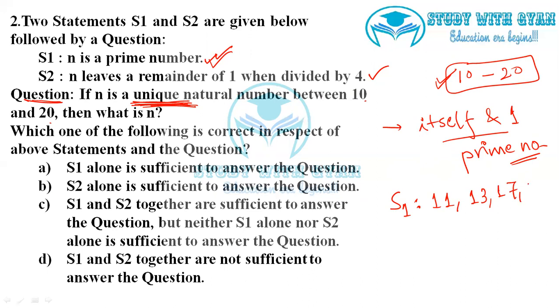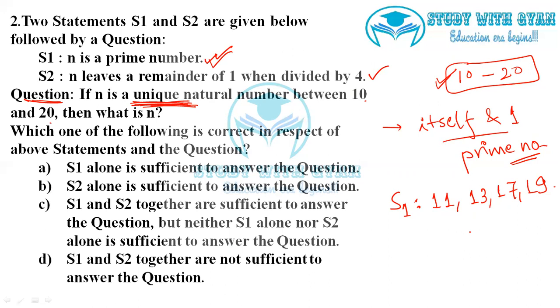Again, 17 and 19. The rest are even numbers, so we can skip them because even numbers are divisible by 2. So according to statement 1, four numbers are possible between 10 and 20 which are prime numbers.